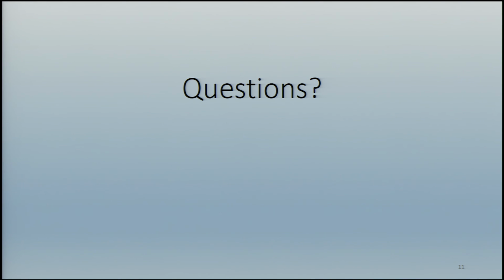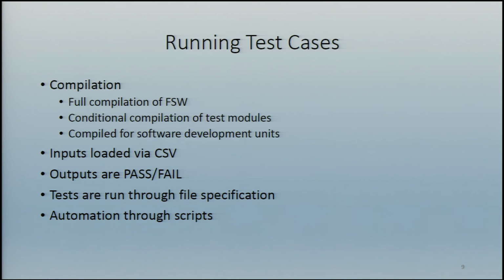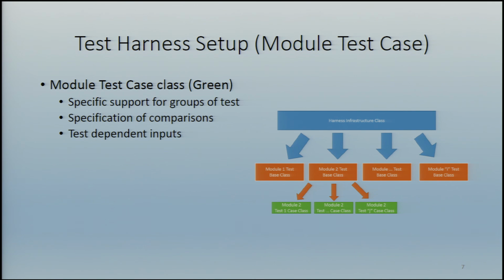You mentioned that for your individual test cases there were CSV inputs and comparisons for how you specify the test. Where are those schemas kept, or how did you organize the schemas? That is based on, let me go back, it's at this level here, the test case class, the green one.